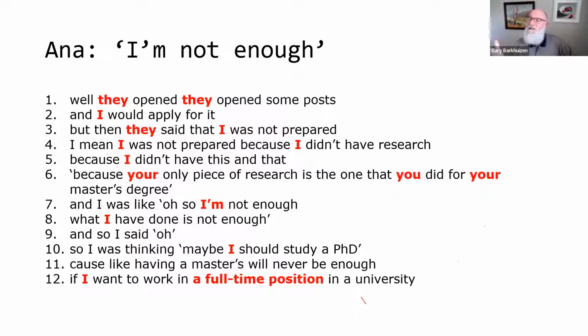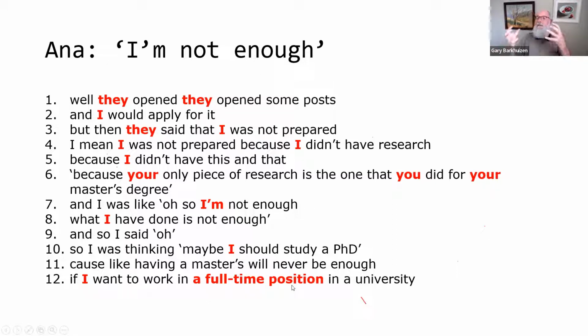So now this is the reason why she decided to do a PhD, so she could get some more research experience. Because having a master's will never be enough if I want to work in a full-time position in a university. That's her desire here, a full-time position in a university.